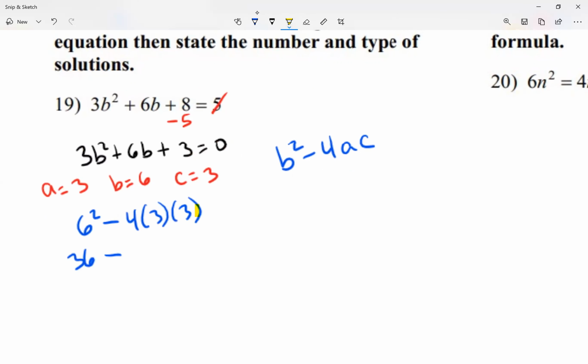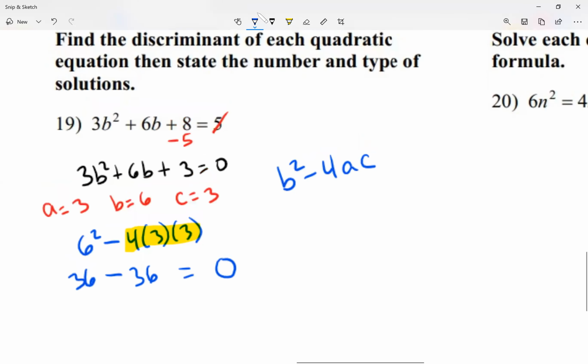Then I multiply this out. 4 times 3 times 3 is 36. And my discriminant in this case is 0, right? 36 minus 36 is 0. So if I ask you, find a discriminant, 0.